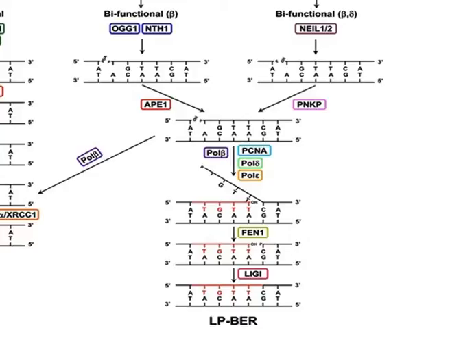Other DNA polymerases, possibly Pol delta and Pol epsilon, are used to generate an oligonucleotide flap. The existing nucleotide sequence is removed by flap endonuclease 1, or FEN1. The oligonucleotide is then ligated to the DNA by DNA ligase 1, or Lig1, sealing the break and completing the repair.